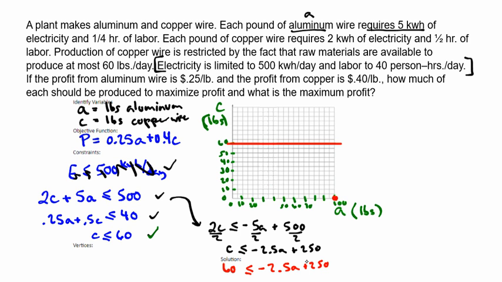So if I do 60 minus 250, and this is just me being a little on the lazy side. And I got A is 76. Okay, and basically what I'm doing is I'm finding the intersection of this line and this line, because that's going to be one of my vertices, right?